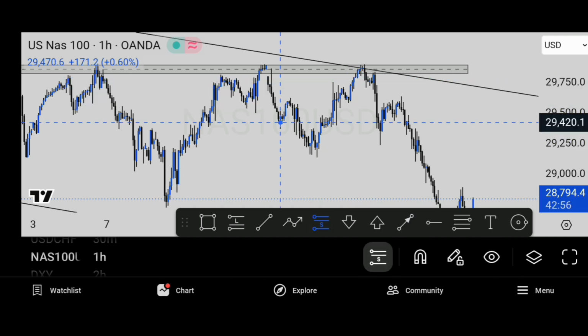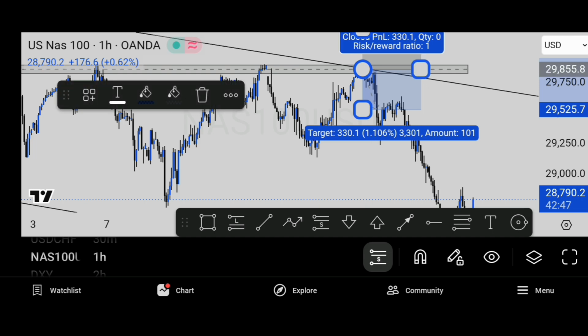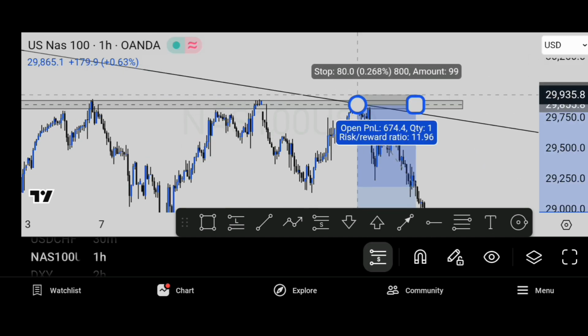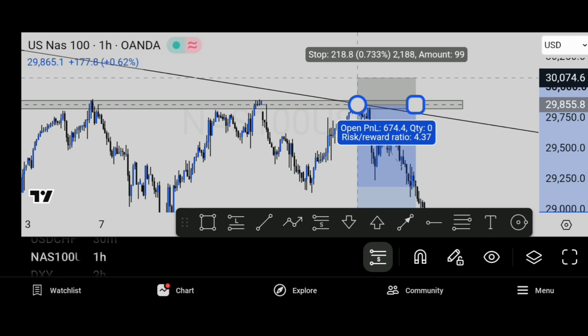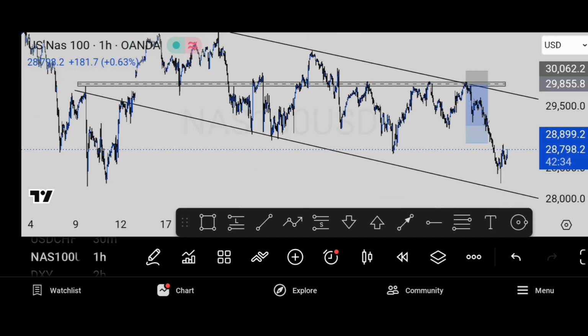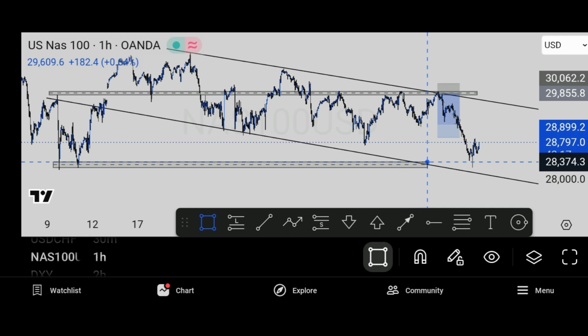I set my sell limit order right on the trend line and the zone, just like that. And then my stop loss was around here, I think. Yeah. And then I was also targeting this little bit here that you guys can see.